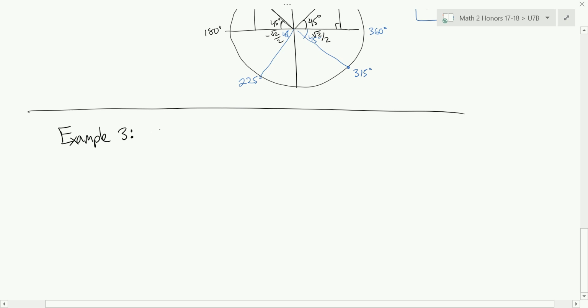Solve for all values of theta such that theta is between 0 and 2 pi radians, and give all answers in radians.